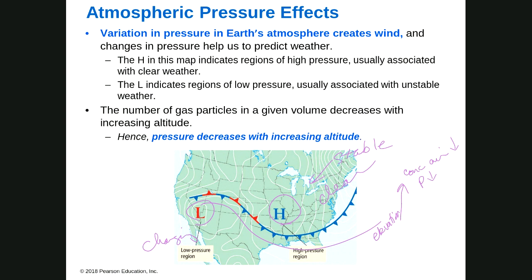If you went to Denver, they call it Mile High Stadium for a reason. You're very high above sea level, and so your atmospheric pressure, or the pressure pushing down on you, and the concentration of the air and oxygen is going to be less.